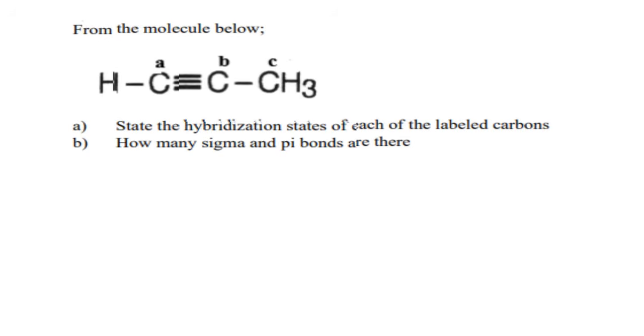Now there's another question here about the molecule below. State the hybridization of each of the labeled carbon atoms. So that is the question that we have in terms of the hybridization. We have a diagram there.